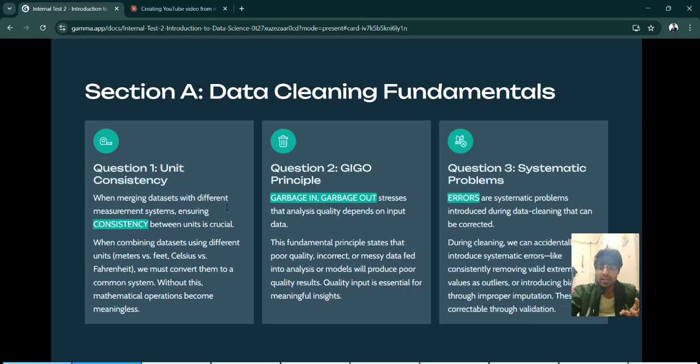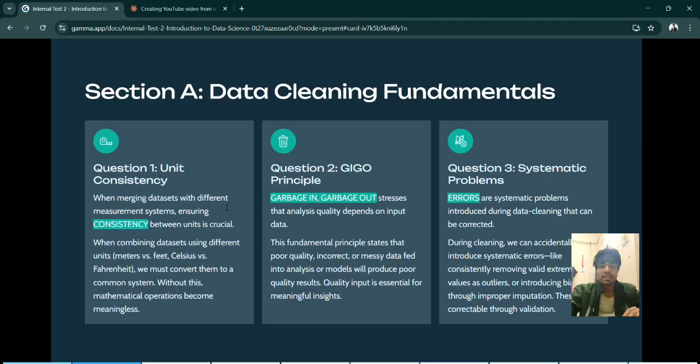If you feed poor, messy or incorrect data into your analysis or machine learning model, you will get poor results. No matter how sophisticated your algorithm is, it can't magically fix bad input data. Quality data is the foundation of quality insight.